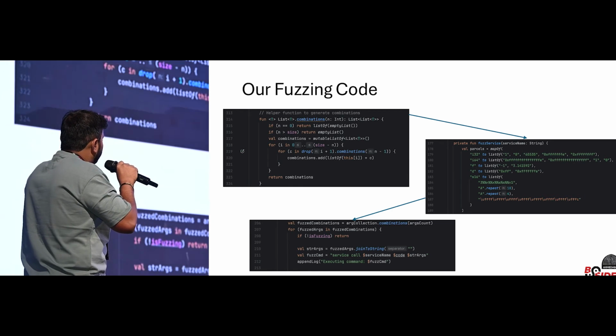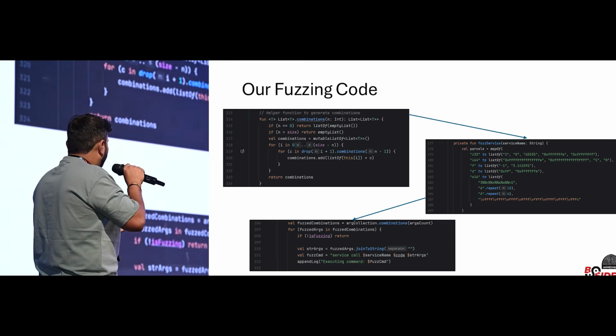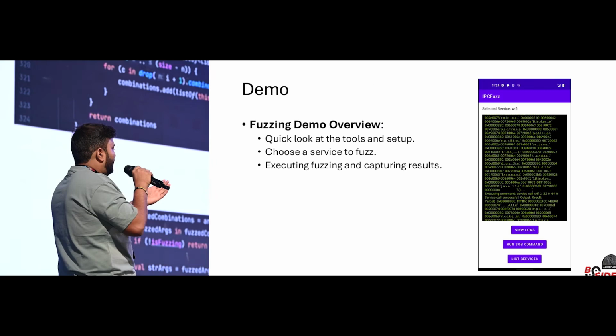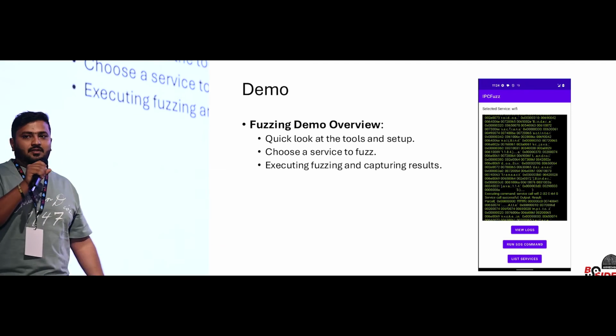Then we have a fuzz function which combines this fuzzing combination and calls the service call, which is the second last line that you can see in the third image, with the code and the arguments generated by the combinations function. And that's how the fuzzing starts on the device. So we compile this app, we deploy the app on the device, and I think Hardik would take you forward on how this would happen.